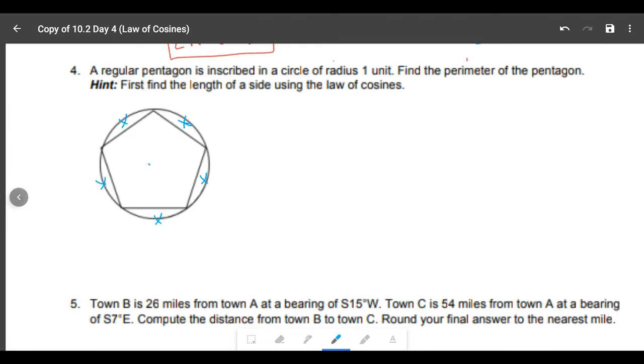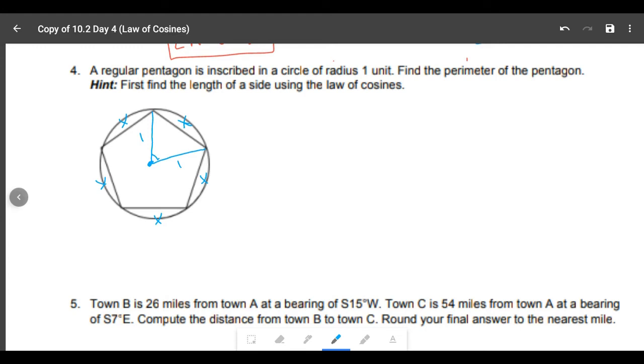Okay, well, let's draw in the center of our circle and pentagon. And remember that our circle has a radius of 1. So these two sides should have a length of 1. If we're going to use law of cosines, I need to find this central angle here.